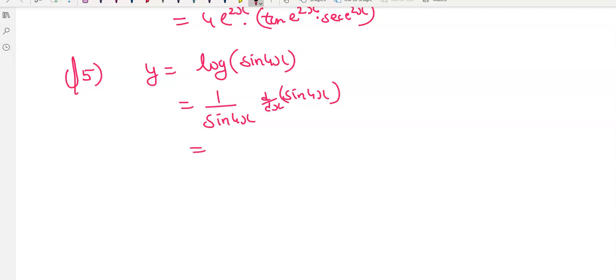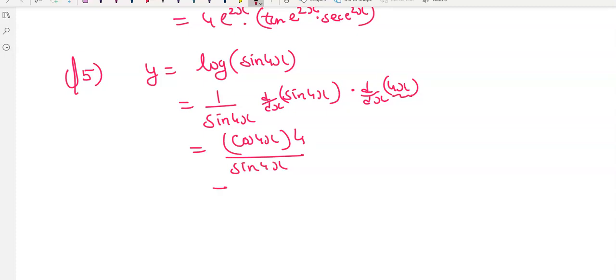But once I do the derivative of sine 4x, I have to remember that it is without x. Now derivative of 4x has to be there. Derivative of sine 4x is cos 4x. Here the coefficient 4 comes out. It is 4 into cot 4x. You can do it directly also.